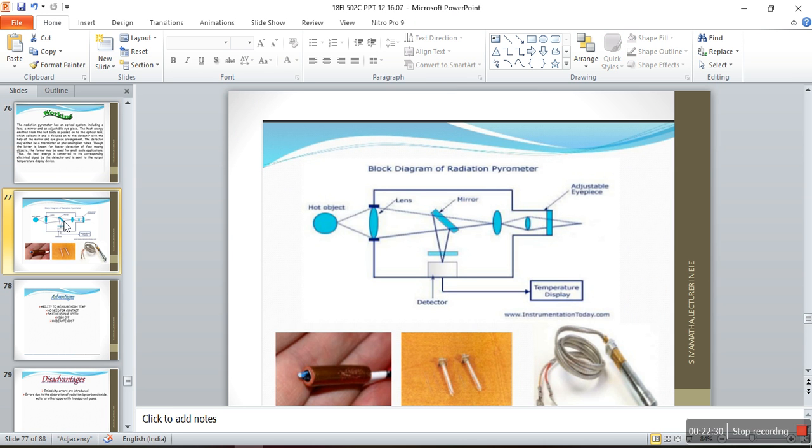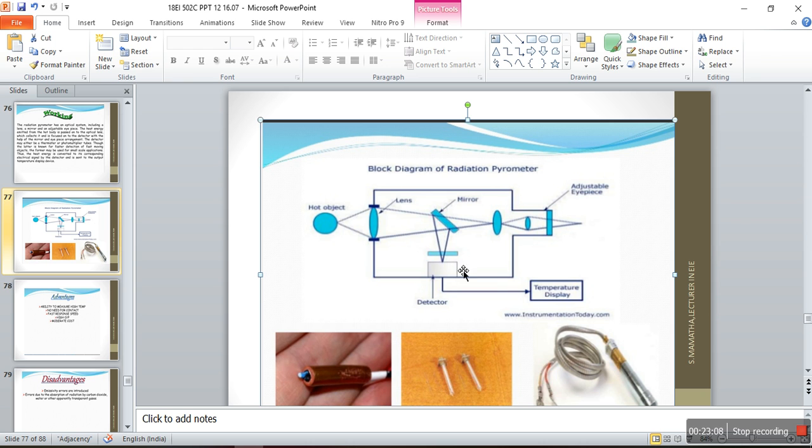Here is the block diagram of the radiation pyrometer. We have a hot object, and its radiation passes through the lens, then the mirrors, and then to the detector. This is a temperature detector, which measures the temperature from the thermal radiation emitted by the hot body.